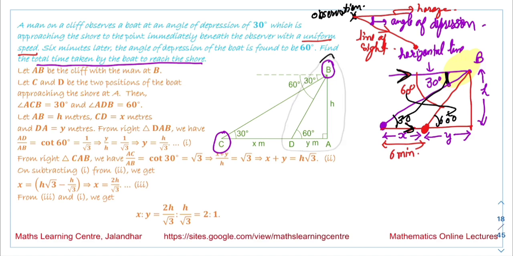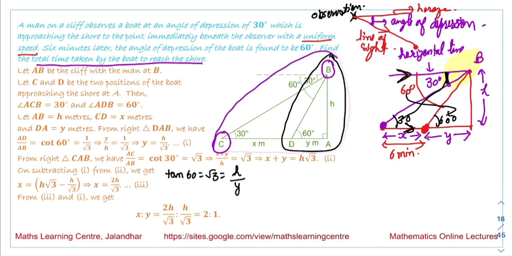So when we are talking about the triangle ABD, we have tan 60, that is equal to root 3, that is equal to h over y. When we are talking about the triangle ABC, we have tan 30, that is equal to 1 by root 3, that is equal to h over x plus y.